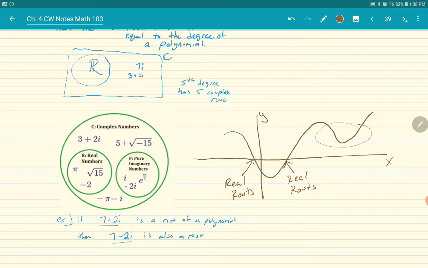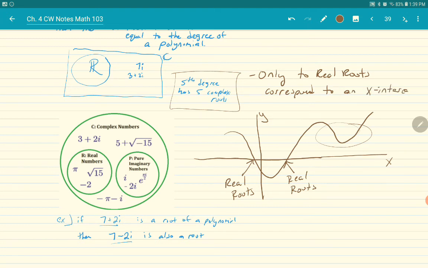So there's got to be an imaginary part to that root. It's not going to correspond to the x-intercept. So even though a 5th degree polynomial has 5 complex roots, I only get an x-intercept for the real roots. Only the real roots correspond to an x-intercept. So the complex roots aren't going to help us with graphing.